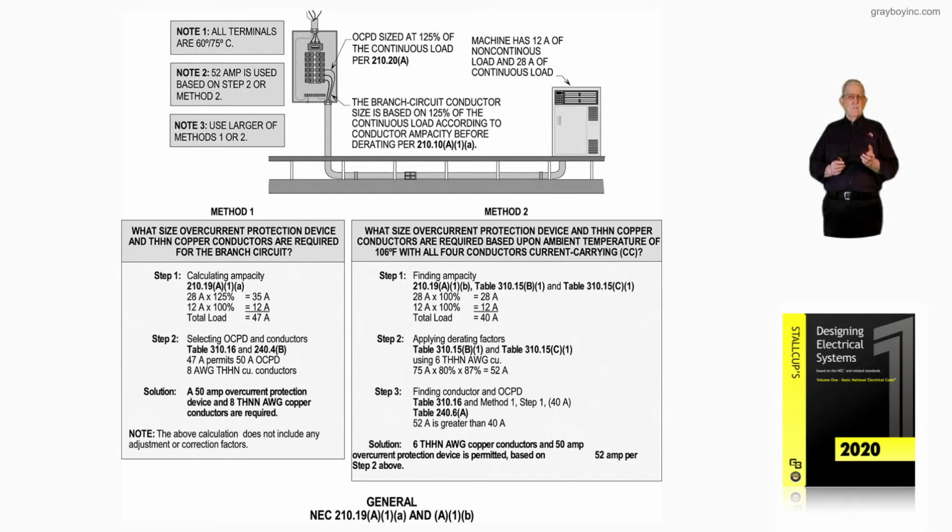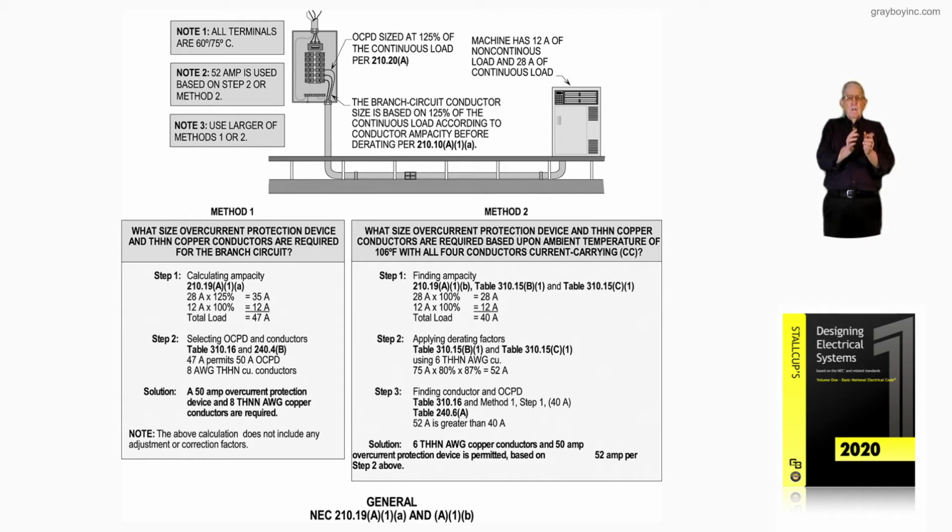And then that's the solution. A 50 amp overcurrent device, number 8 THWN wire, I think, is listed there in that illustration. And then the note says the above calculation does not include any adjustment or correction factors.